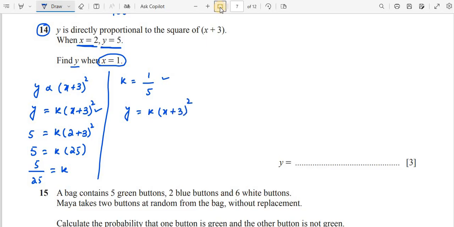With k equal to 1 over 5 and x equal to 1, y is equal to 1 over 5 into (1 plus 3) square. 1 plus 3 is 4, and 4 square is 16.